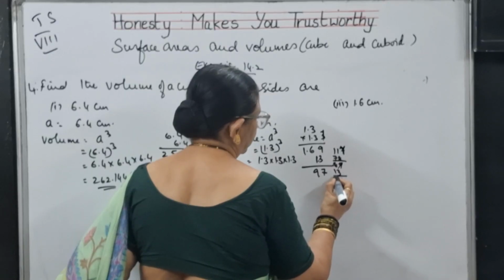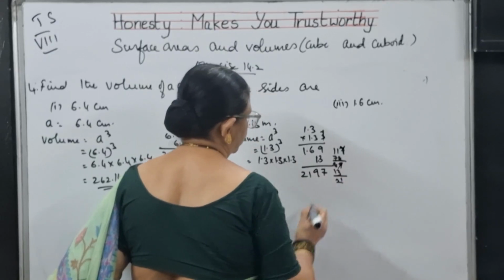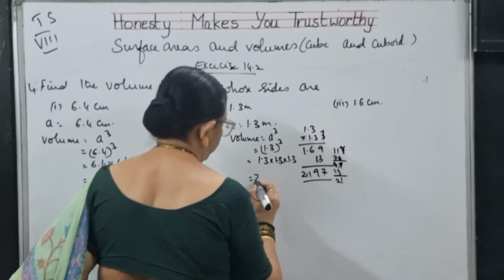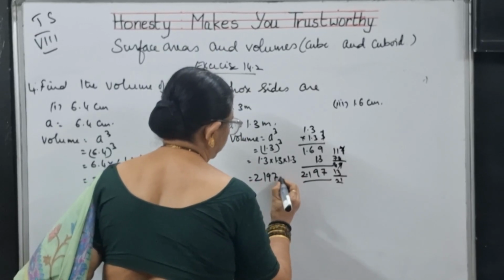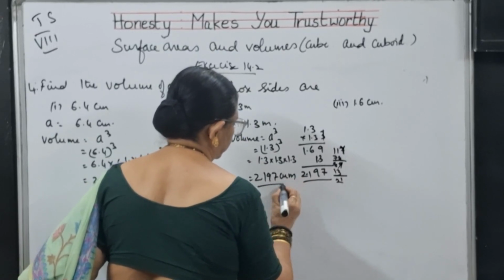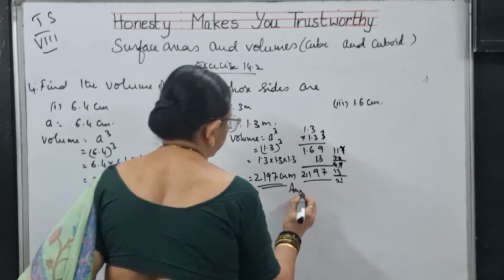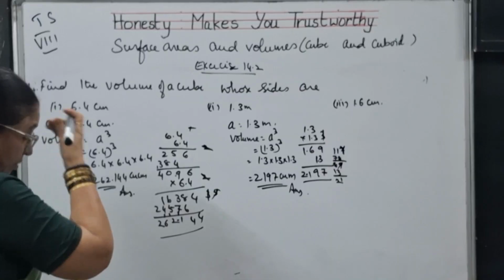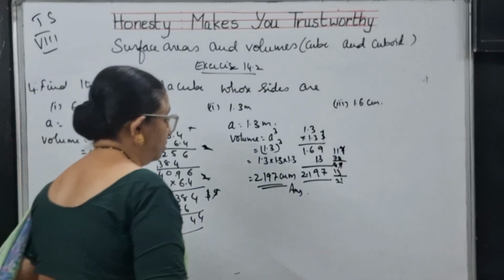Adding, we get 2197. Two digits here, so 2.197 cubic meters is the answer, because the side is given in meters. So the second one is 2.197.